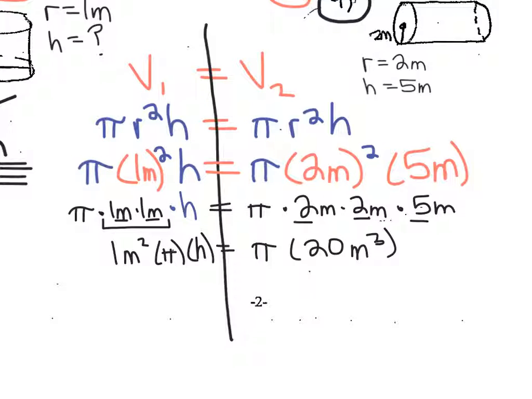Okay, so now comes the fun part. We need to get this height all by itself. So we are going to solve this just like an equation. Notice that on the left, we are multiplying the height times 2 things. So we're just going to divide each side by those 2 things. So divide each side by 1 meter squared times pi to get the height by itself.